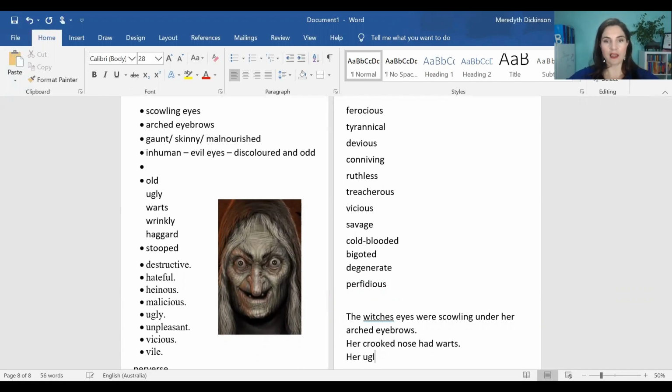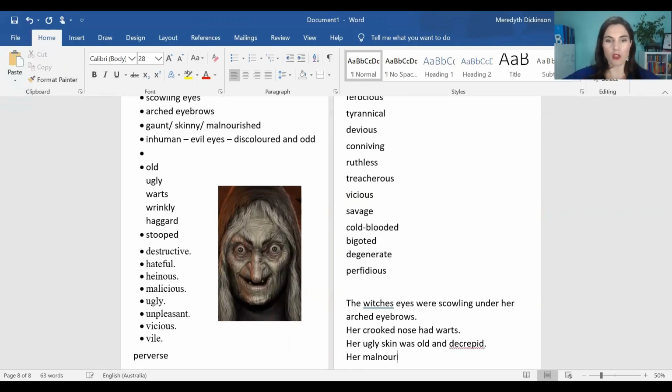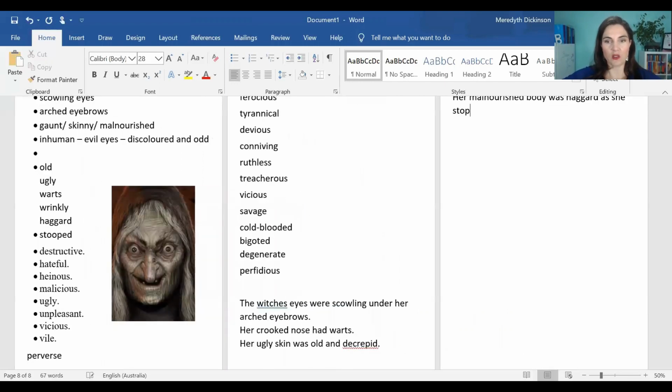Her ugly skin was old and decrepit, or old and malnourished, or old and gaunt. Her malnourished body was haggard as she stooped over the cauldron.